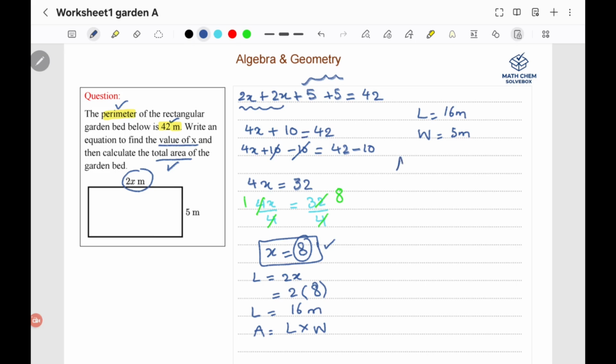And finally the area of the rectangle is L times W, which is 16 meter times width, where width is 5 meter. Area is 16 times 5, 80, and the unit is meter square.